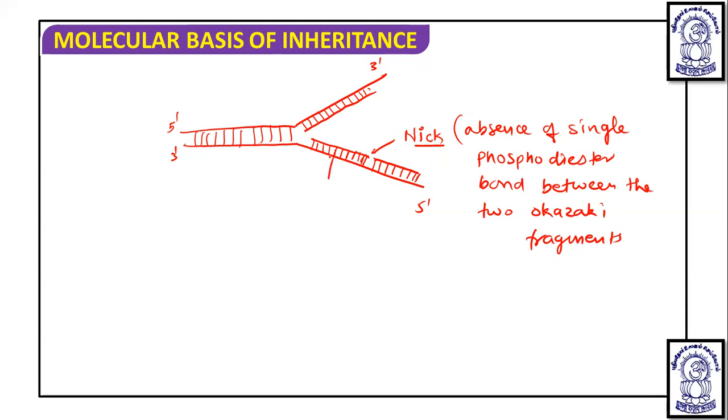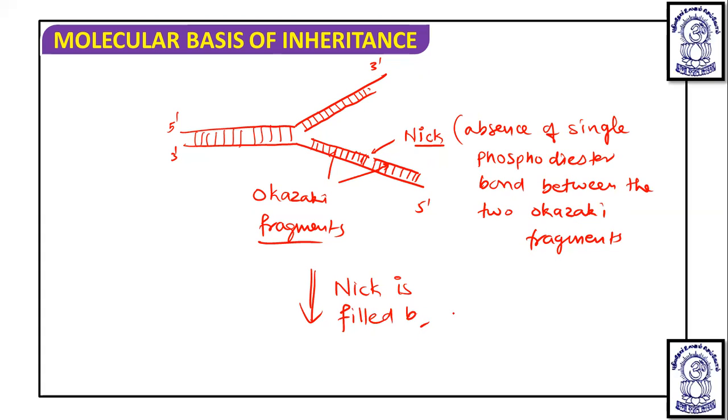These two fragments are known as Okazaki fragments, and this nick is filled by DNA ligase, and DNA ligase will fill this nick.